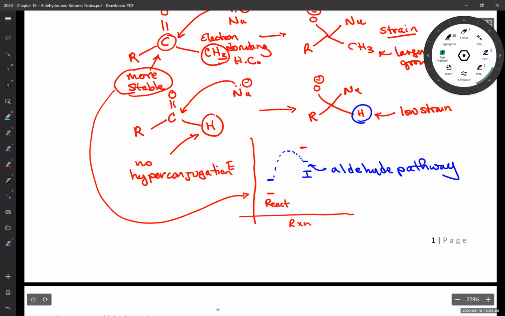But for the ketone, it's going to go like this. It starts out lower in energy and then goes to a higher energy. So the activation energy for the ketone is a lot higher than the aldehyde.